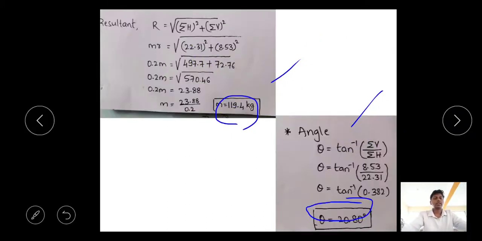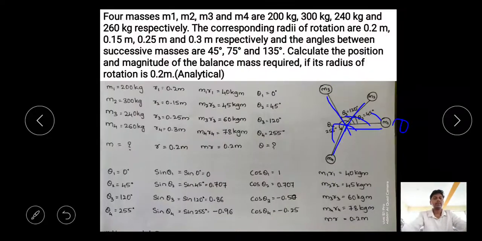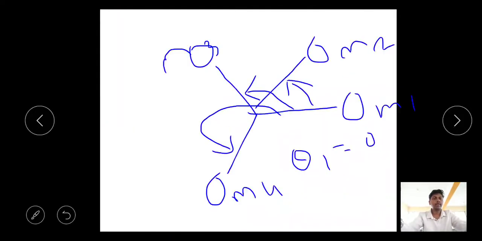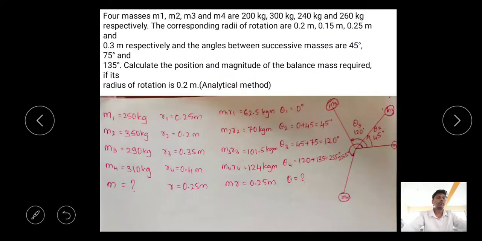If you check those previous problems, 45 degree, 75 degree and 135 degree were all from mass 1.